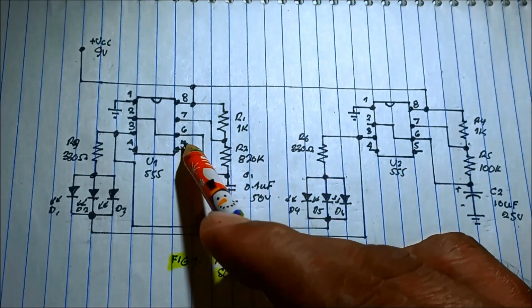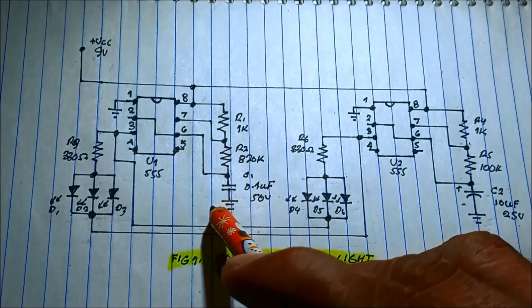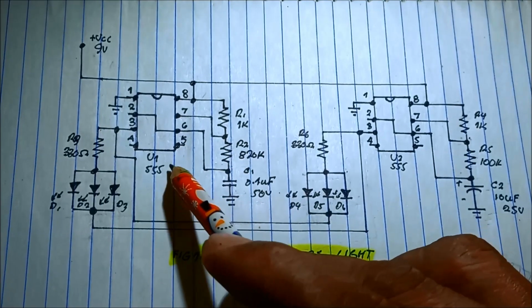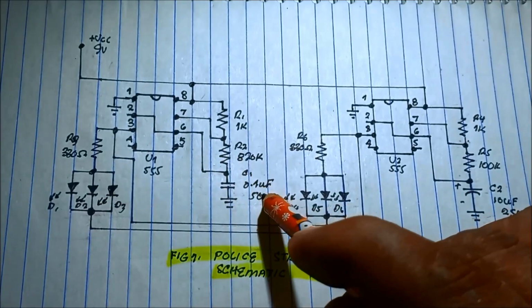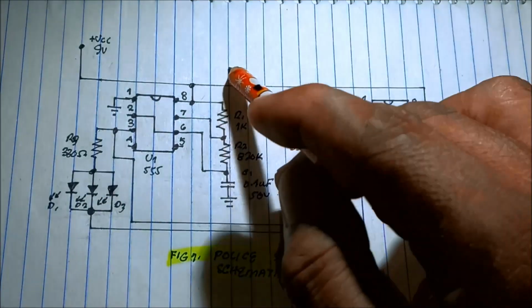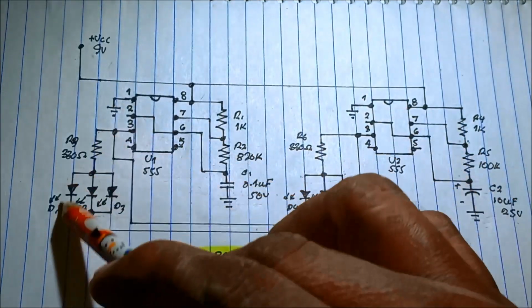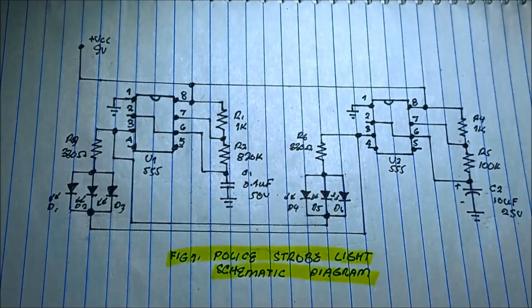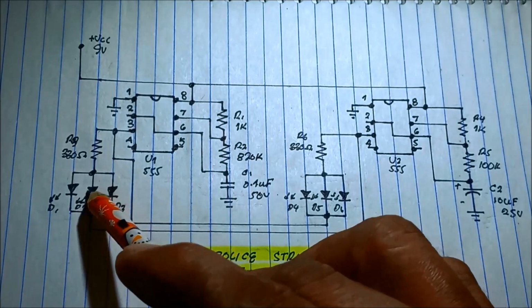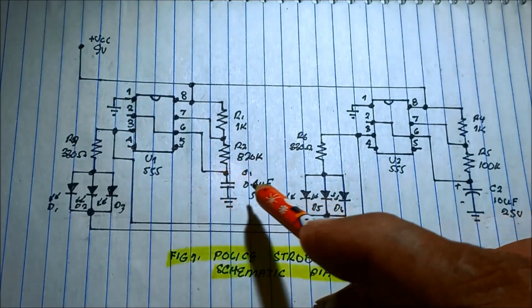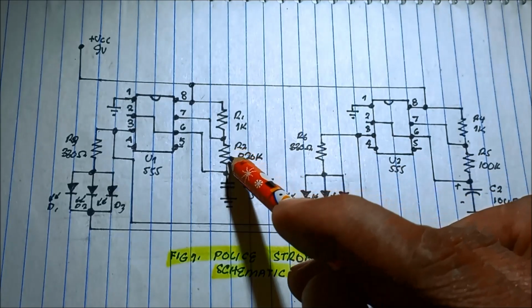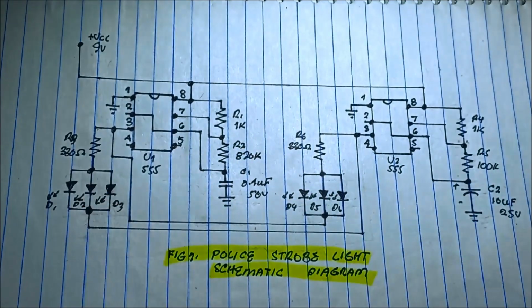The component responsible for that flickering of the LED is this capacitor. That is the charging and discharging of the capacitor through the output, causing it to flicker because it develops a high frequency signal at the output.